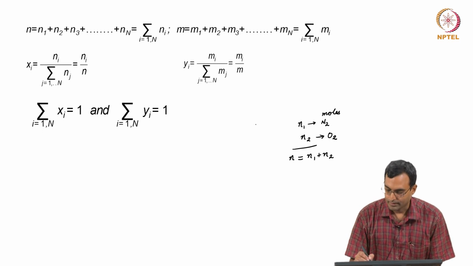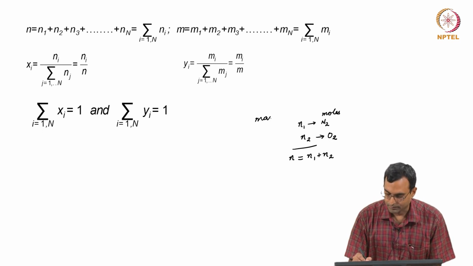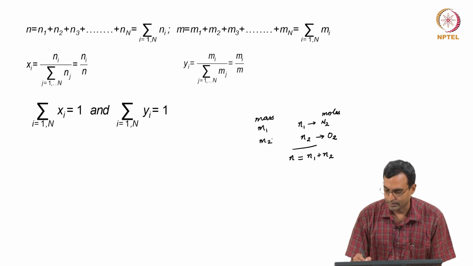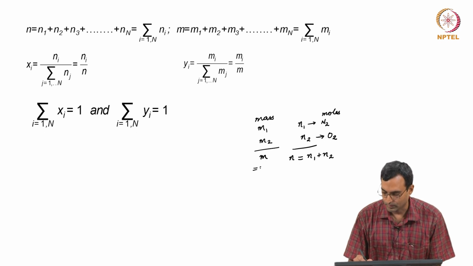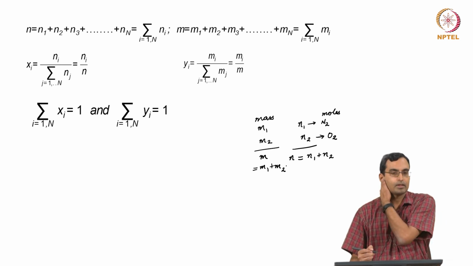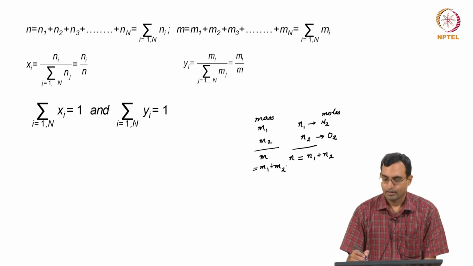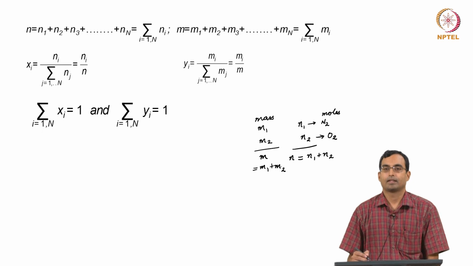Similarly, if I had a mass of m1 which represents nitrogen and m2 which represents oxygen, then the total mass is m, which must be equal to the sum of the individual masses. These are just mixtures, and there is mass conservation. Mass can neither be created nor destroyed.